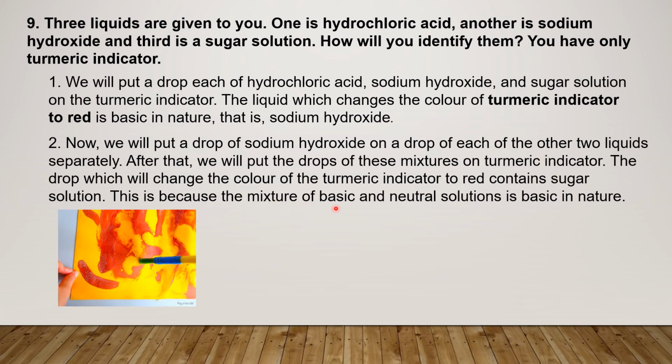This is because the mixture of basic and neutral solution is basic in nature. Okay, children. So this answer also you can write in your notebook. And this picture shows yellow turmeric paper, and when we apply any soap solution, it shows the red color.